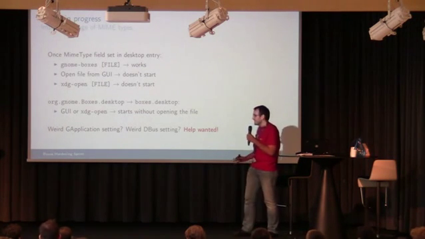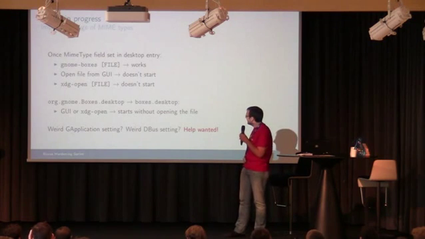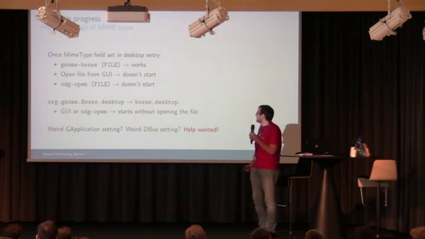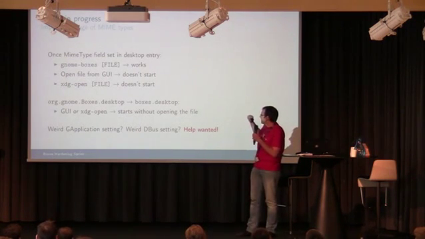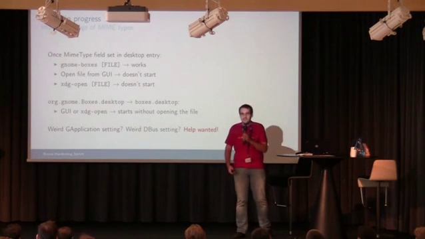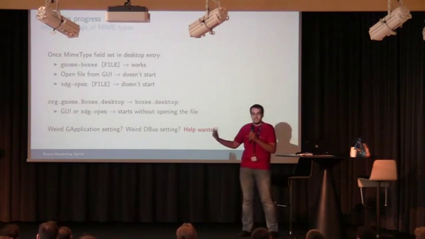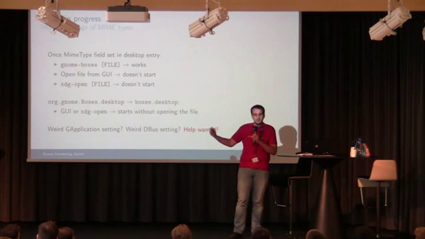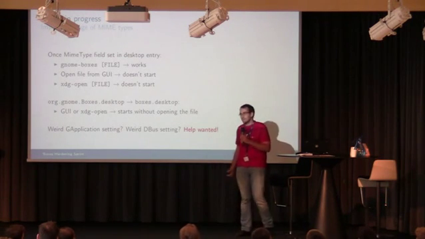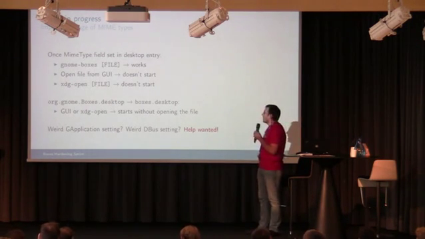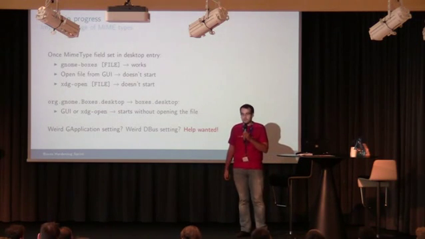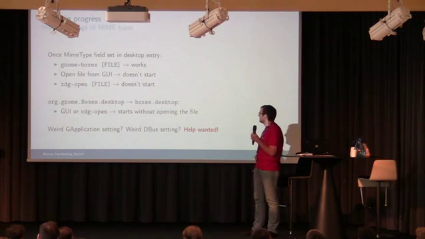I tried to change the desktop entry of Boxes to set the MIME type field. And I could set an ISO, for example, to launch directly with Boxes, but Boxes didn't launch at all. I tried several things.